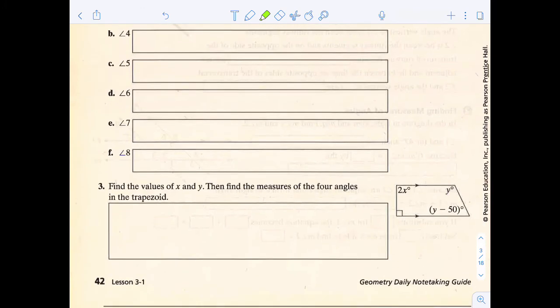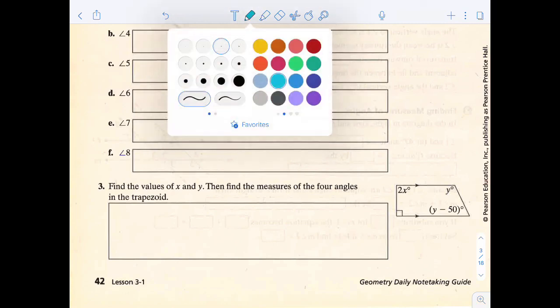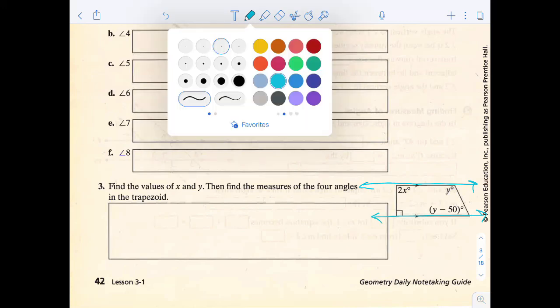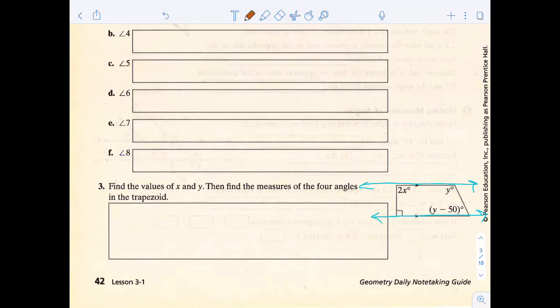Then 3 says find the values of x and y, then find the measures of the 4 angles in the trapezoid. Remember, it shows you that these 2 lines are parallel. We can extend those out, and then these 2 lines are just different transversals.